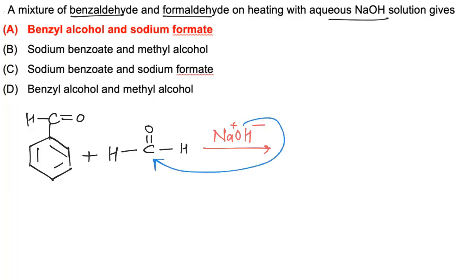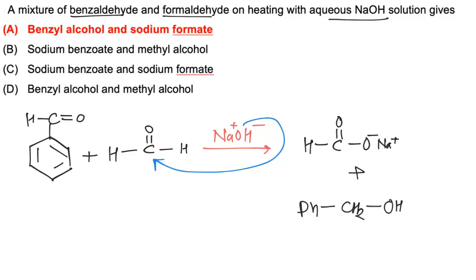The molecule attacked by OH negative will be converted to acid, the sodium salt of the acid, and the hydride ion is transferred to the benzaldehyde, so benzaldehyde would be converted to benzyl alcohol, PhCH2OH. So formaldehyde will be converted to formic acid, and benzaldehyde would be converted to benzyl alcohol.